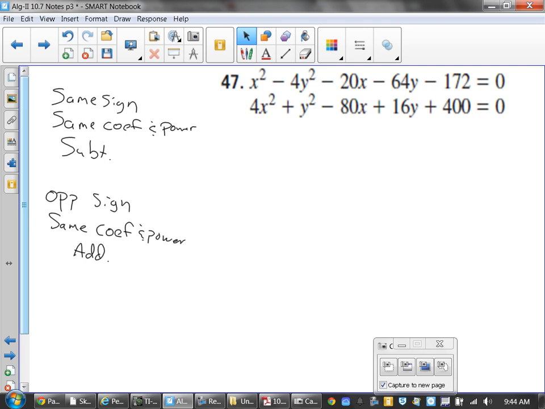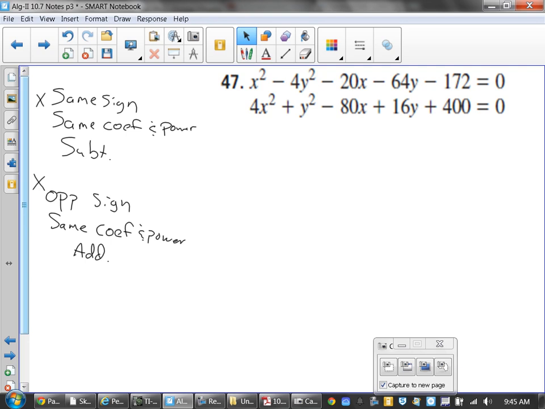If those didn't fall into place right away, what you were trying to do when you did linear combinations is multiply one equation by some factor to turn it into one of these two scenarios. Remember doing that? You'd multiply a whole equation by 3, or multiply one by -2, something along those lines. If I'm looking at this one, I was hoping that you would notice that the y squared and the y had opposite signs.